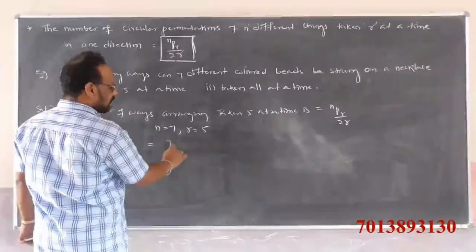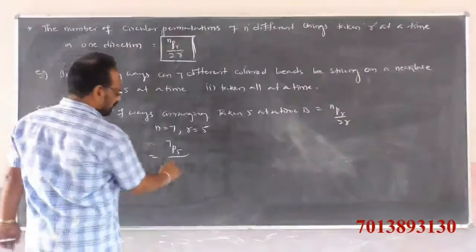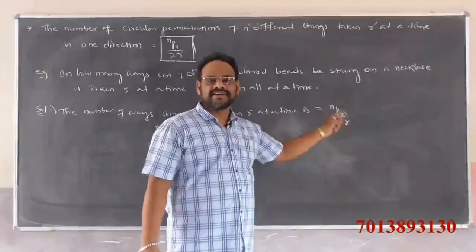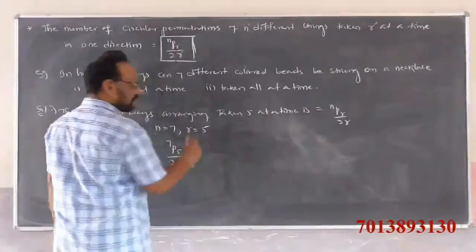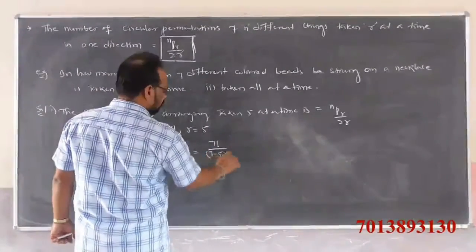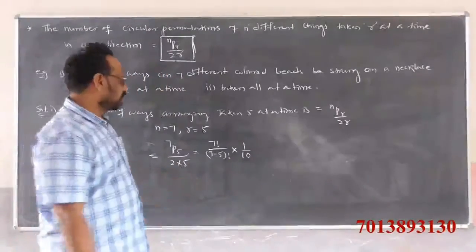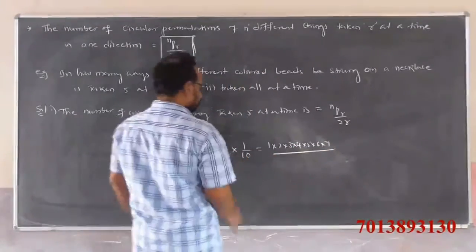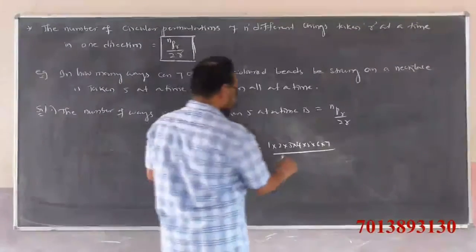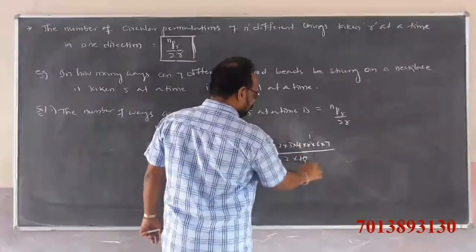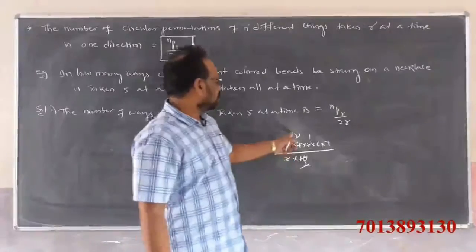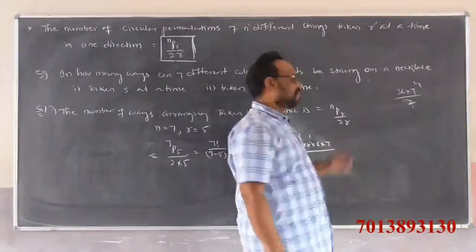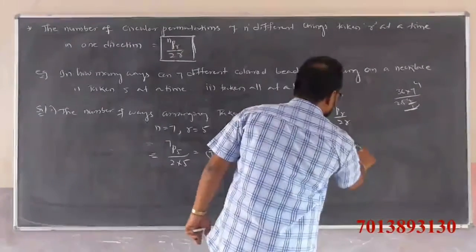Therefore, the number of ways is 7P5 by 2 into 5. 7P5 is nothing but 7 factorial by (7 minus 5) factorial, into 1 by 10. 7 factorial is 1 into 2 into 3 into 4 into 5 into 6 into 7, by 2 factorial, which is 2 only. Cancelling the 2s and multiplying, we get 252.